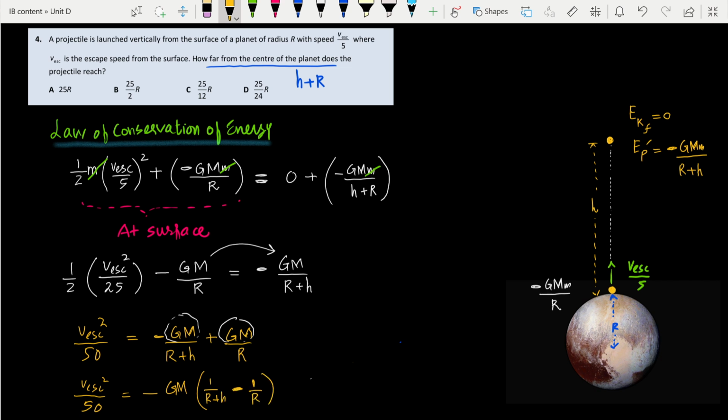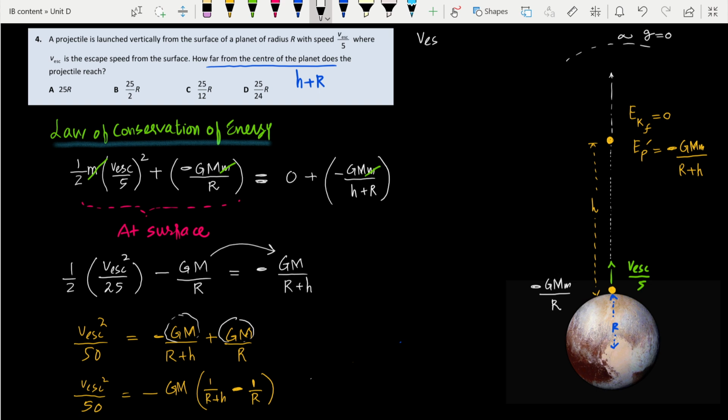Now it's time to apply the value of v escape for any planet. The escape speed is the minimum speed required so that if the object is thrown with it, it will go to infinity, where the field strength is 0, outside the field of that planet.